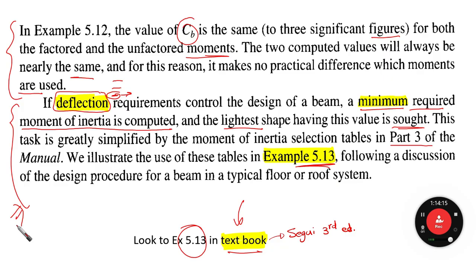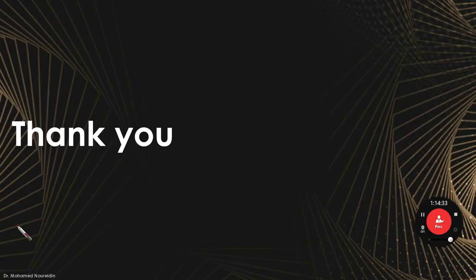Commonly, flexure is the determinant factor for the design of beams. After that, we can check shear and deflection, and rarely we find shear or deflection to control our beam design. Okay, I think that by this we reach the end of this video.